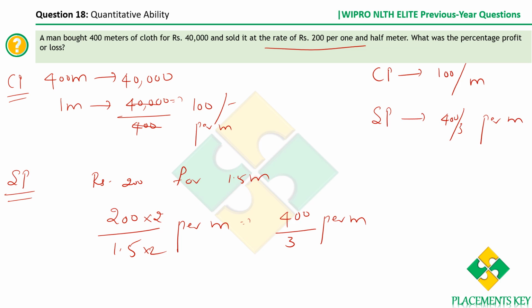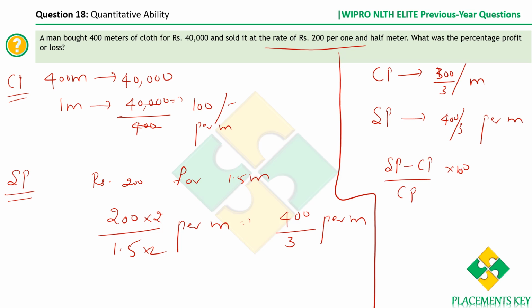Now let's find the profit or loss percentage. So 100 can be written as 300 by 3, right? So the cost price is 300 by 3 per meter. The selling price is 400 by 3 per meter. Therefore, there is a profit here. So how do we get it? It is selling price minus cost price by cost price into 100, right? So selling price is 400 by 3, cost price is 300 by 3.